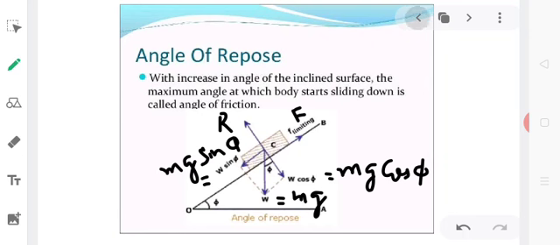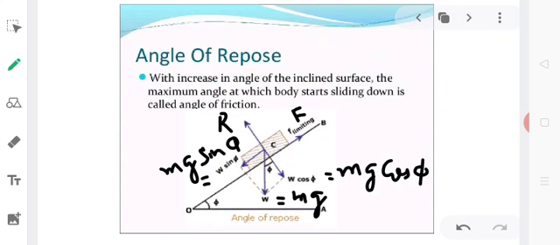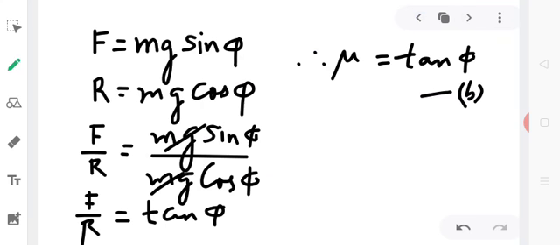Now, very quickly, let's go back to equation number A. According to equation number A, mu is equal to tan theta, where theta represents angle of friction. But according to equation number B, mu is equal to tan of phi, where phi represents angle of repose.